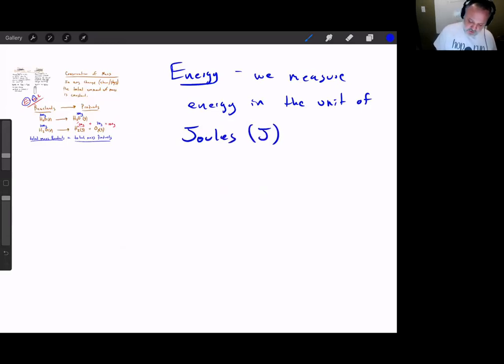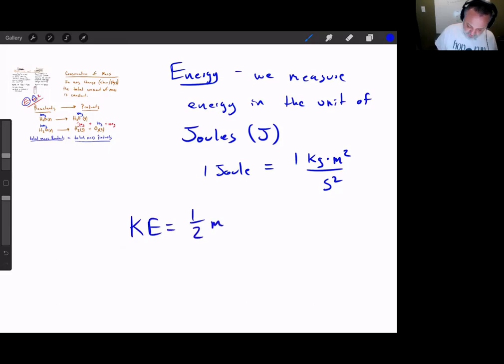J. And 1 joule equals 1 kilogram times meters squared over second squared. This is its relationship, and you can think about it from the kinetic energy formula, 1/2 mv squared.